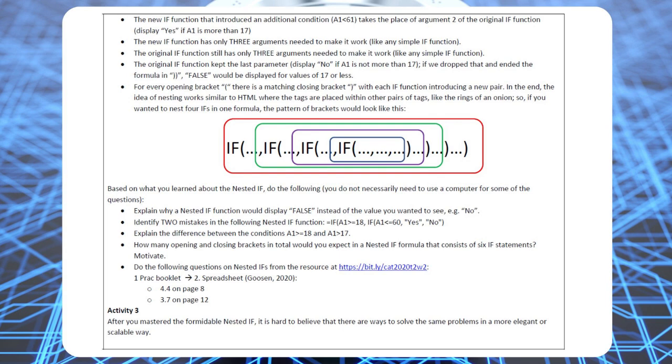Equals IF(A1=18, IF(A1=60, yes, no). Explain the difference between the conditions A1=18 and A1>17. How many opening and closing brackets in total would you expect in a nested IF formula that consists of 6 IF statements? Motivate.